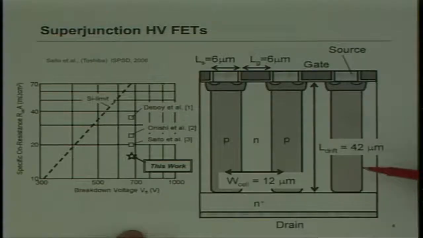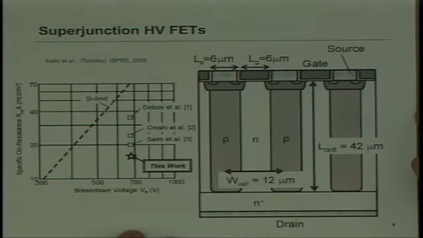At the highest voltages, at 600 and up to more than 1,000 volts, the dominant technology there is what's called super junction. And again, this was a structure that was developed in order to make better use of the silicon area and get very low on resistance.